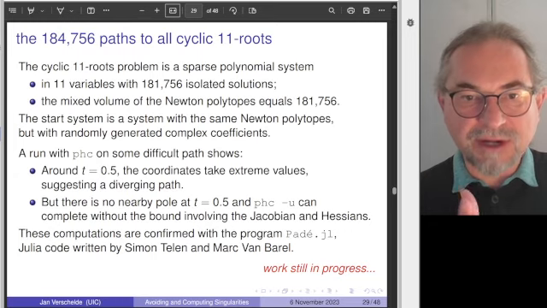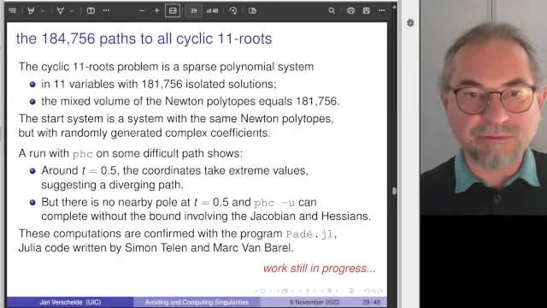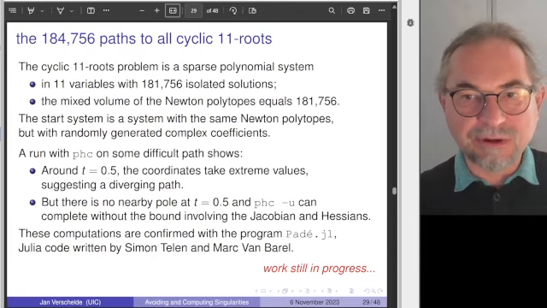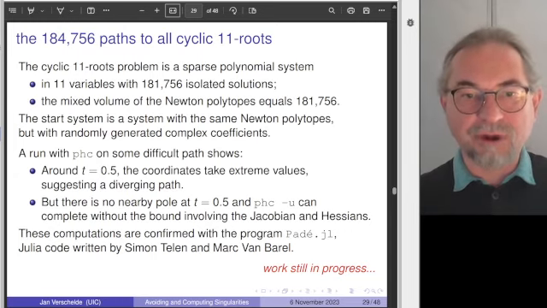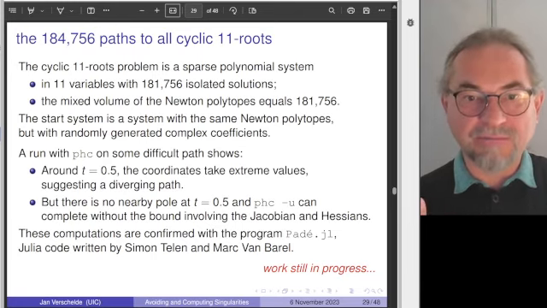So around about half of the path, you could think that we have a diverging path. And this is where the Hessian criterion, the curvature bound, actually forces a very narrow step size. So that criterion is actually causing havoc. But there is no near singularity.